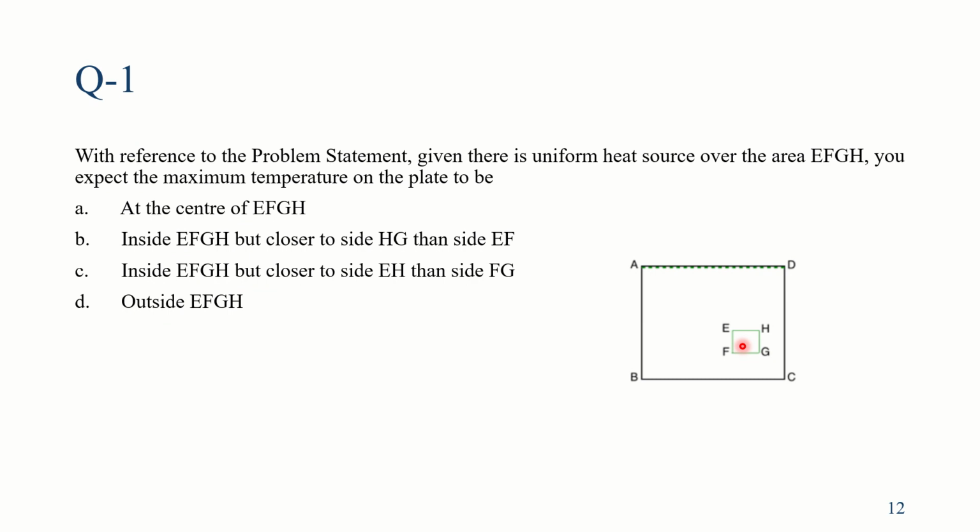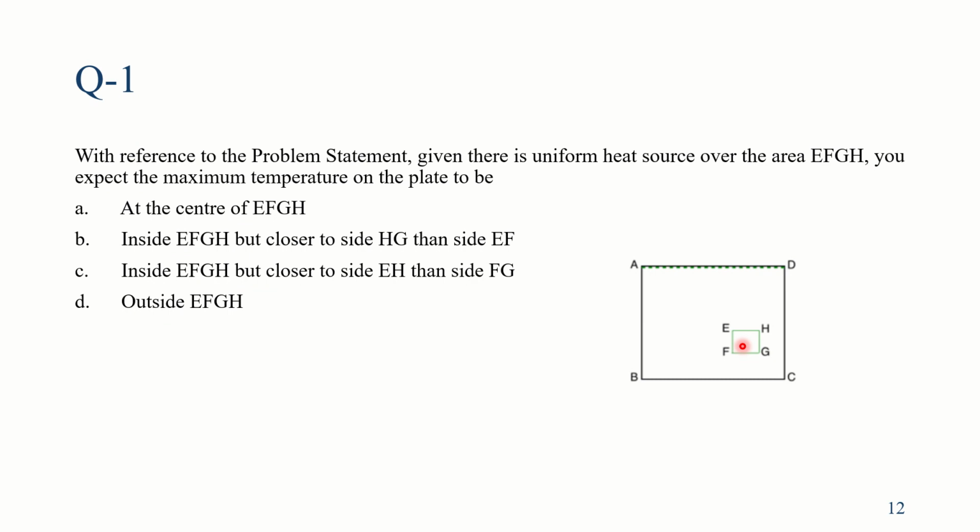But which side? Since EF and FG are closer to the walls where convective heat transfer is taking place, the temperature would be lower. But on the EH side we have the adiabatic wall, so there is no exchange of heat, and the temperature will be at its maximum towards EH.